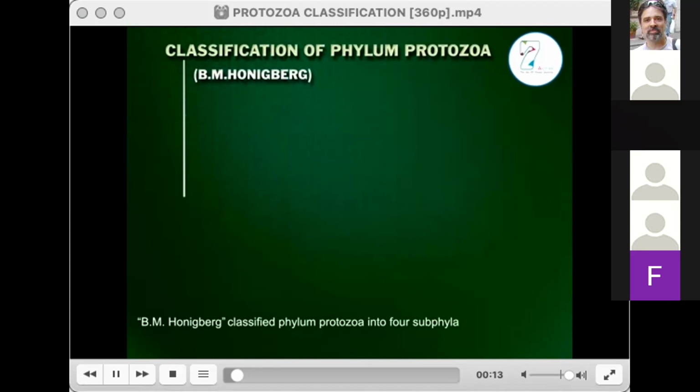Class 1, Phytomastigophora. It is derived from the Greek words phyton, meaning plant, mastix, meaning whip, and phorus, meaning bearing. As the name indicates, chlorophyll bearing chloroplasts occur in some euglenoids and in some dinoflagellates.